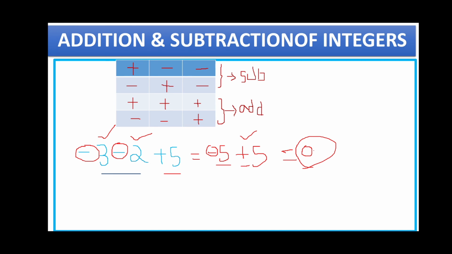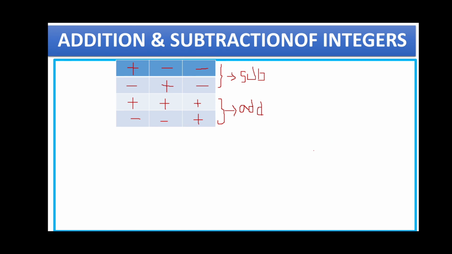Now let us see one more example with 3 numbers. That is minus 16, plus 20 and minus 10.